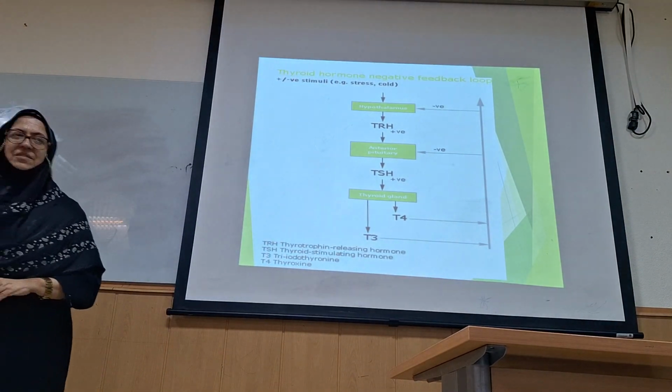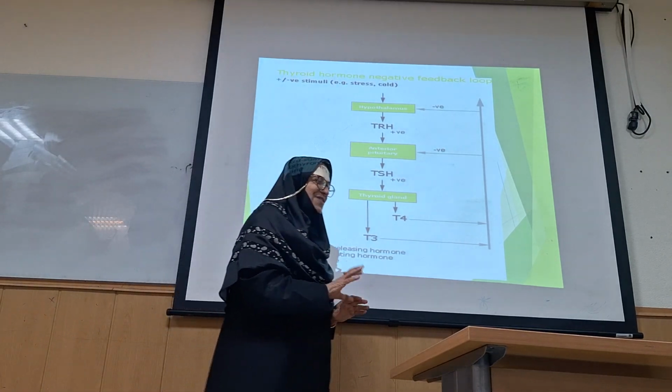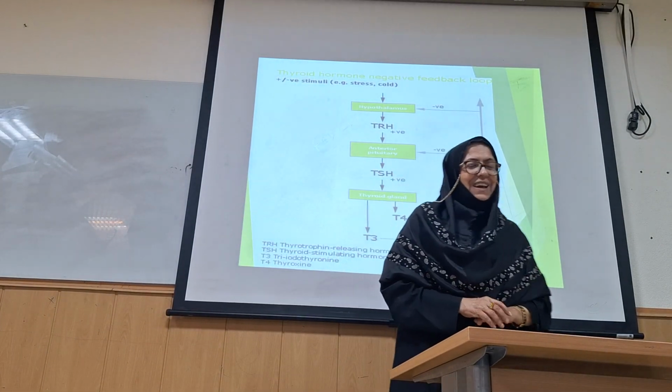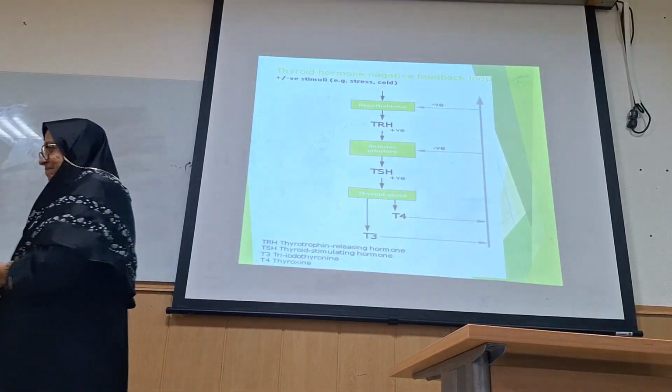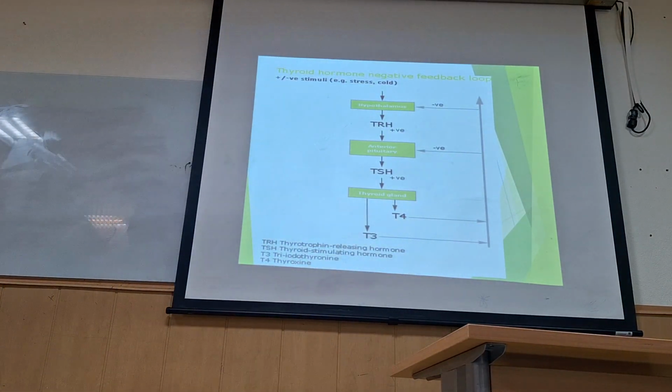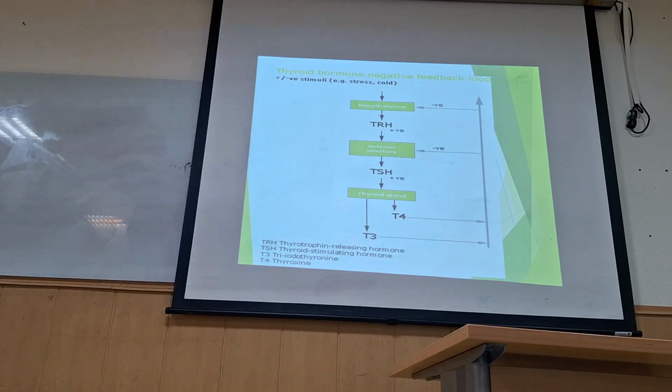Okay? You understand? I ask you, for example, if I have hypothyroidism, maybe the problem is in the thyroid gland, maybe in the pituitary gland, maybe in the hypothalamus. Okay?